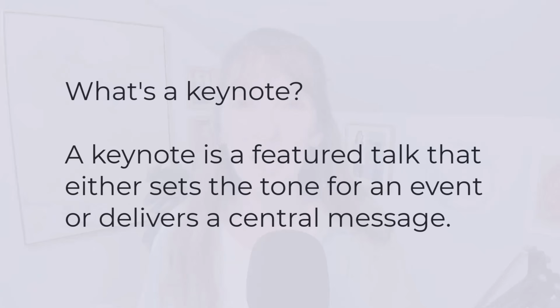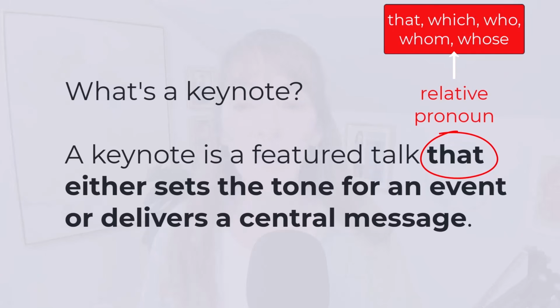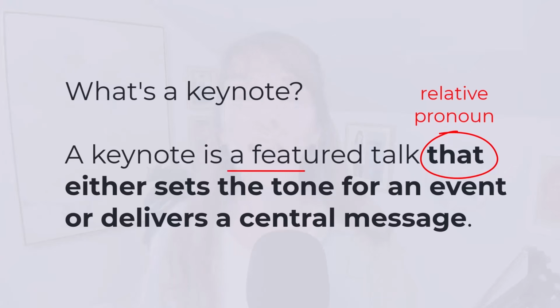Do you see the adjective clause? Adjective clauses start with relative pronouns: that, which, who, whom, whose. Again, they follow the head noun, the noun they're modifying, which means the person or thing they're identifying or describing.